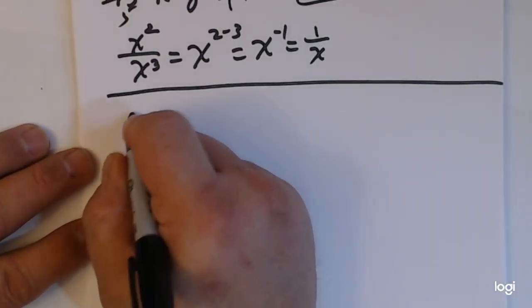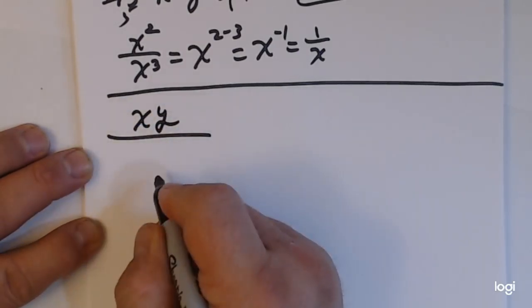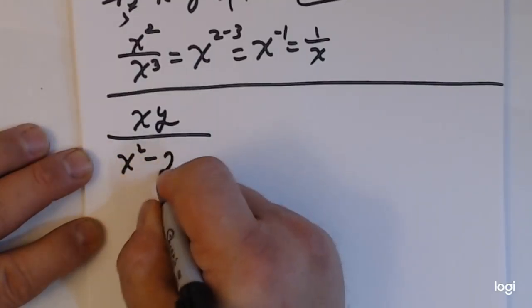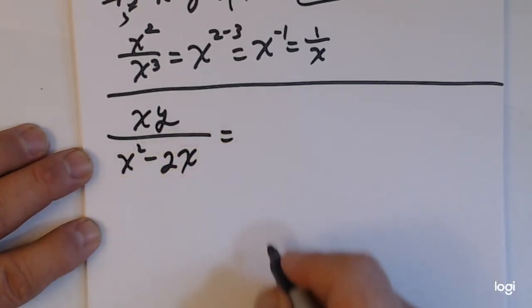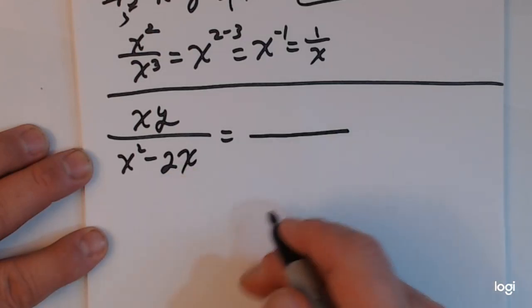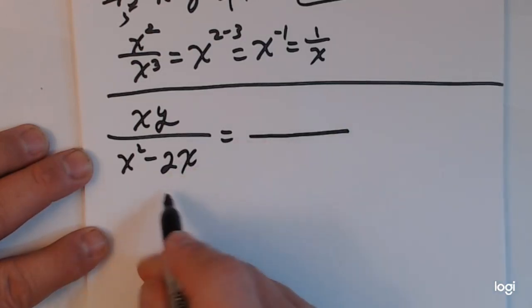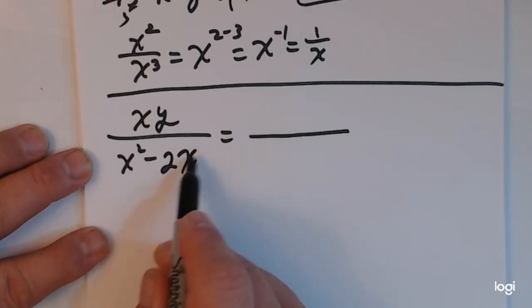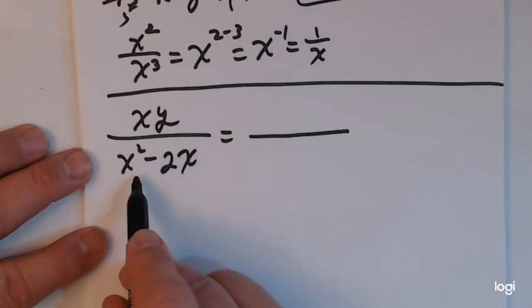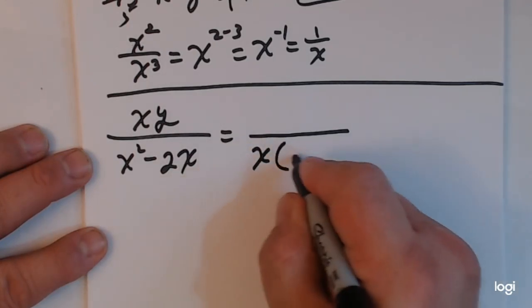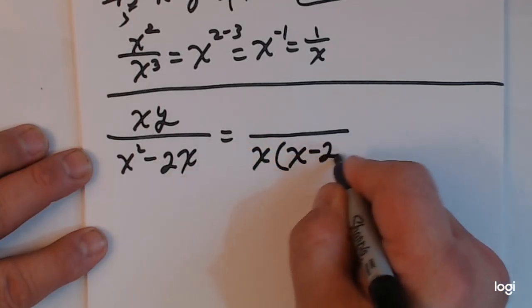So we have xy over x squared minus 2x. Well, we need to factor the denominator, and if we factor that, we can take out an x, right? x to the 1 is the greatest common factor between these two. So we have x times x minus 2.